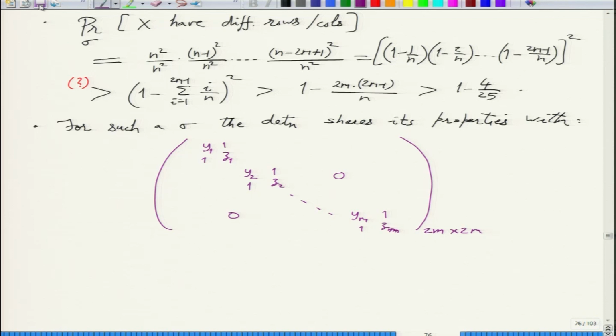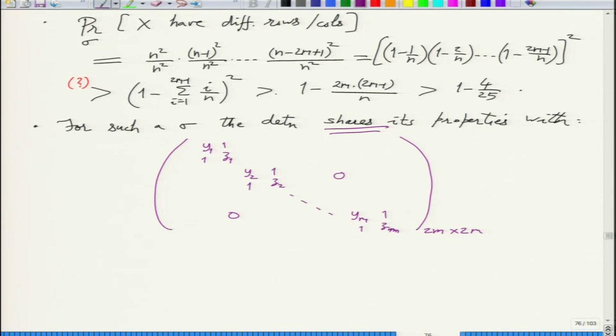Everything else in the original n cross n matrix is fixed to constants, and they are fixed in a random way. I say it shares its properties because it's not exactly this. The zeros are also random values in general for a general sigma.